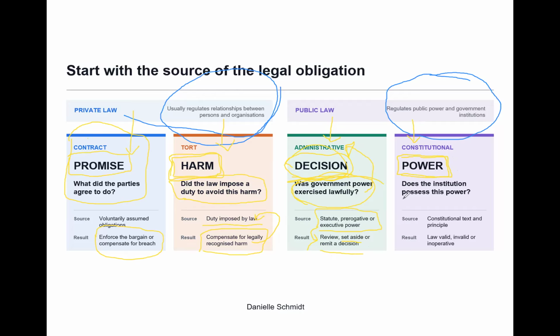Here we would be looking for the constitutional text and principle. These are the sections of the Constitution that grant that power. And then the result would be the law would be declared valid, invalid, or inoperative. So this is a great starting space when you look at a problem question.